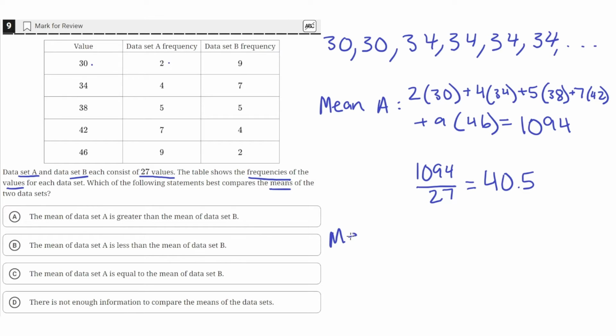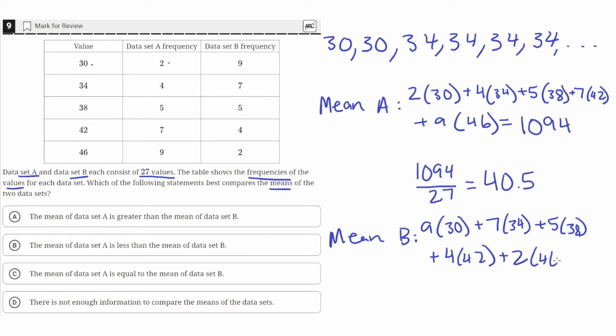Okay, and then the mean for dataset B, we would do a similar process. So we would multiply the frequency by the value and add all those together to get the numerator, and then the denominator will be 27 again, since there are 27 total values. So we would do 9 times 30 plus 7 times 34 plus 5 times 38 plus 4 times 42 plus 2 times 46.